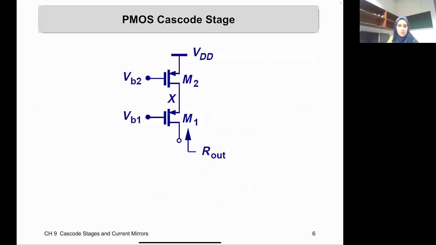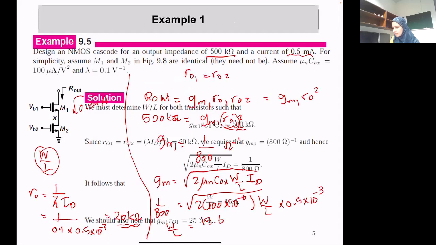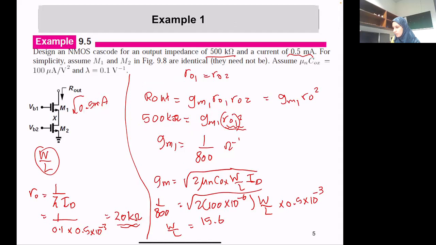Somebody's asking, how did I obtain this value for GM 1 over 800? Ideally, from doing the calculation of this equation here. So we replace the R out square.